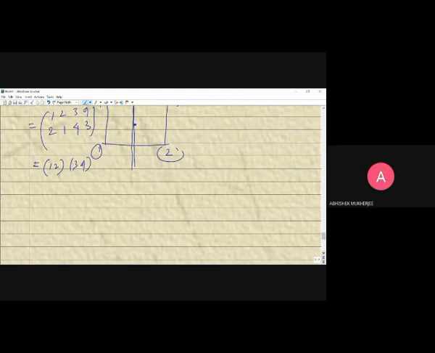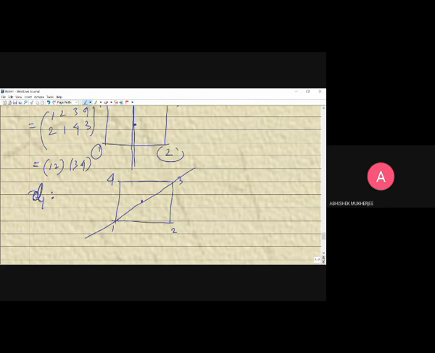Are there any more? Yes. D1. What is D1? Just look at this picture. This is your 1, 2, 3, 4. And now you consider this one. This diagonal line through the center.